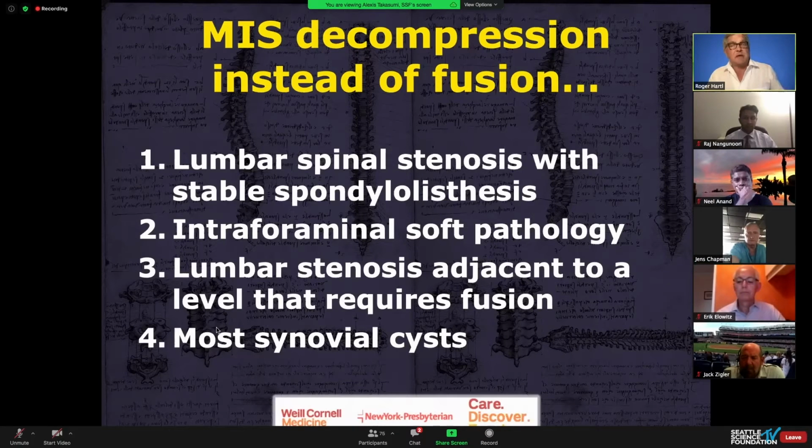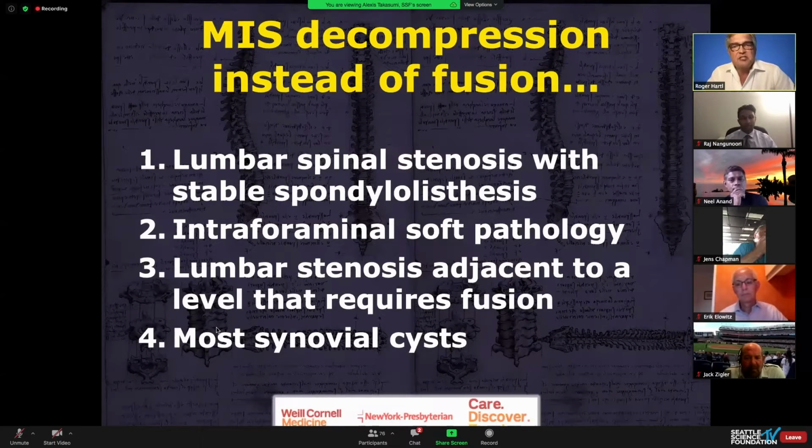So we've expanded that over the years. We treat a lot of patients who have spondylolisthesis, may otherwise potentially be treated with a fusion, just with a decompression, as long as there is no mechanical instability. Intraforaminal soft pathology you can treat through a unilateral endoscopic approach or through a contralateral over-the-top tubular approach very safely.